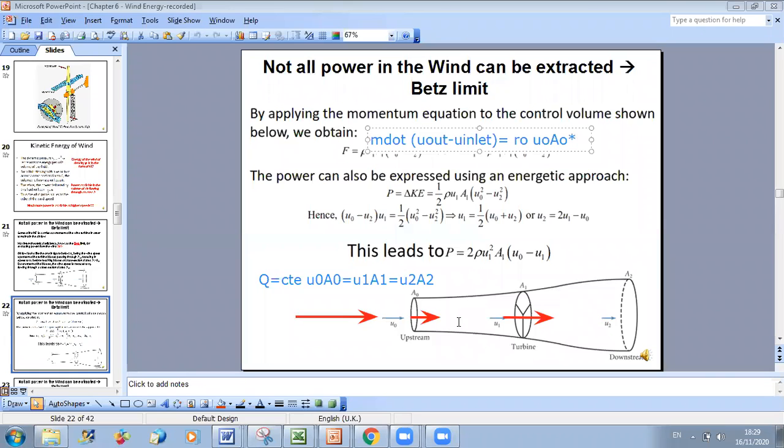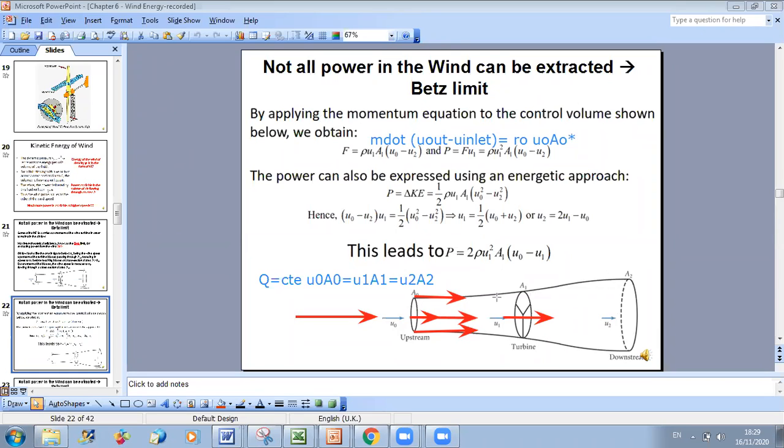So, if you want to understand what is upstream and downstream, imagine that you have wind. Your wind first is coming, let's say like this, but when it faces the turbine, it will do separation, because when a fluid hits anybody, it will do separation.